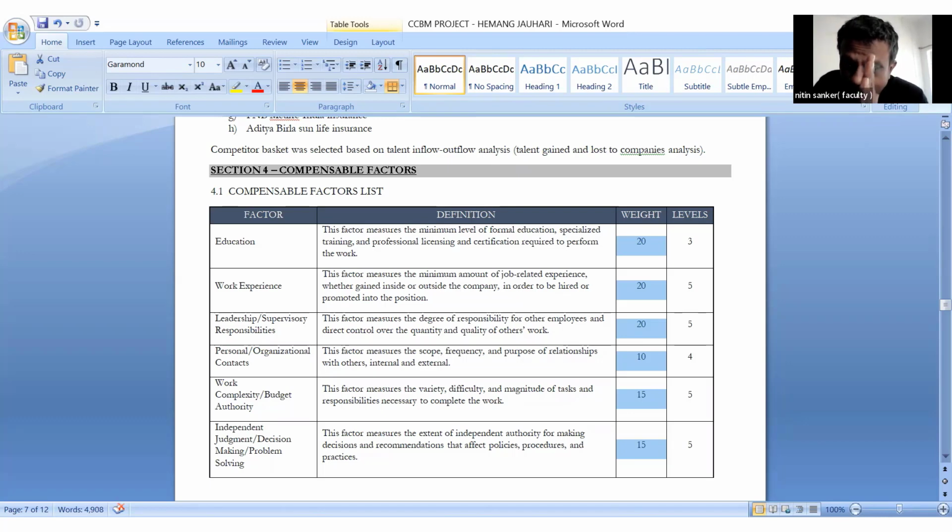Yes. Right. This weightage will become the basis for giving points. Obviously, you'll give more points to things which have a higher weightage. Fairly obvious? Yeah. So when you set your levels, let us take this one, education. You're given 20.